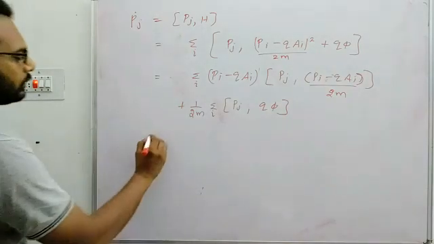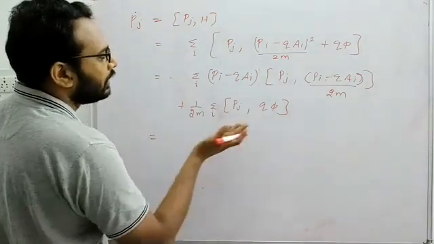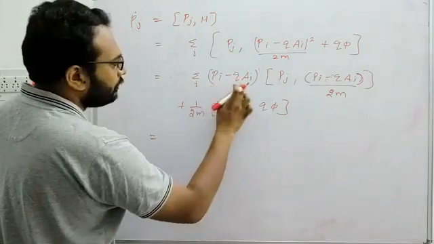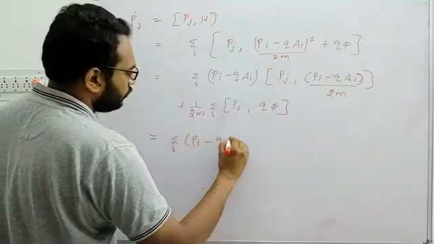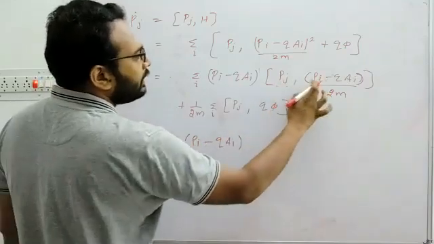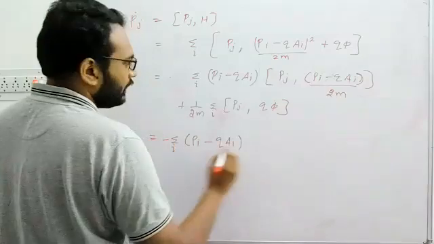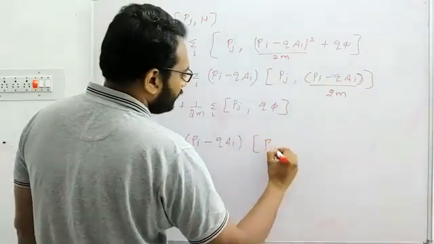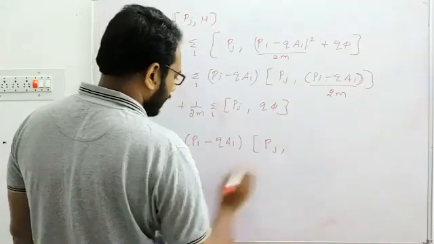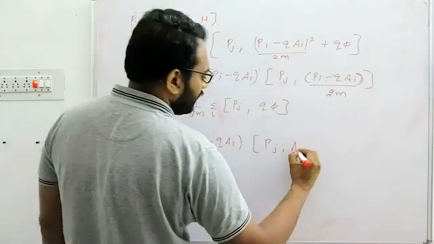So this is equal to, I think we'll have to just write it like this: summation over i of Pi minus qAi. Pj with Pi is 0, so we have a minus sign here. We only have Pj with qAi. I can also pull out the q here, so it's Pj with Ai.